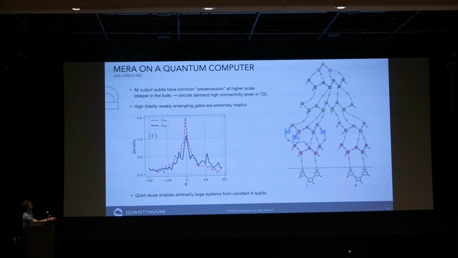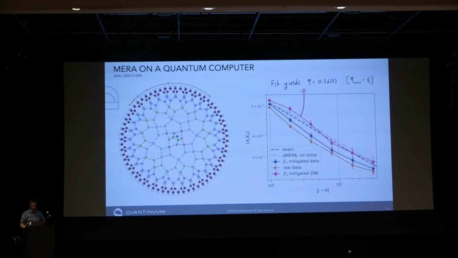So as long as you can take those qubits, reset them, and re-inject them as new qubits to make new isometries, you actually only need a constant number of qubits if you have the circuit measurement qubit reuse to implement this entire circuit. And so with actually 20 qubits at the most, we're able to represent a 128 qubit state at the boundary of this MERA.